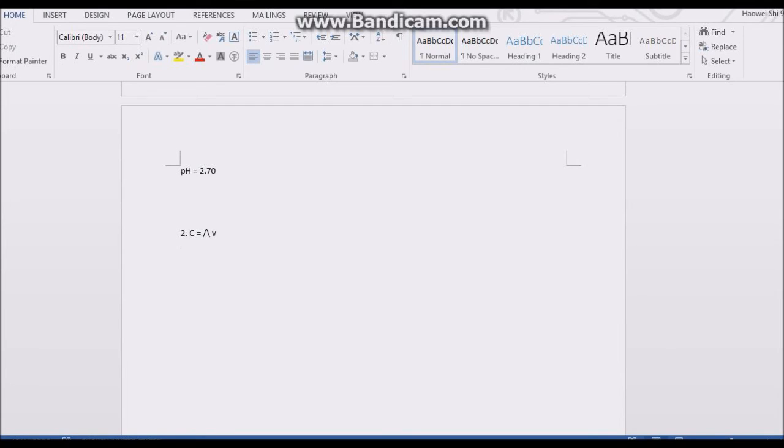Let me annotate it so you guys know what is going on. Lambda is in meters. Nu, this is the V looking sign on printed paper, should be in hertz, which is a measure of frequency of the light wave.